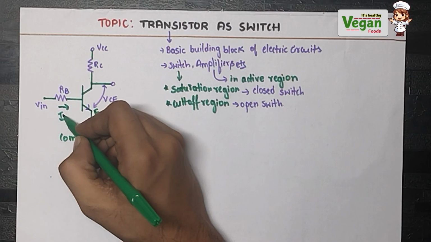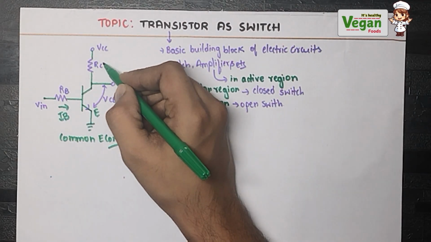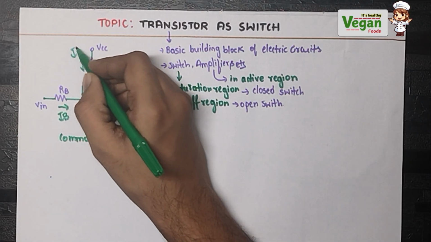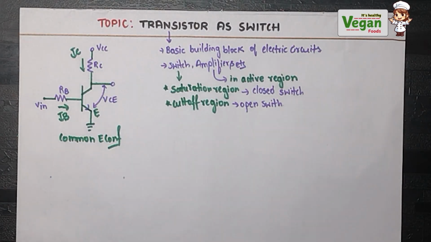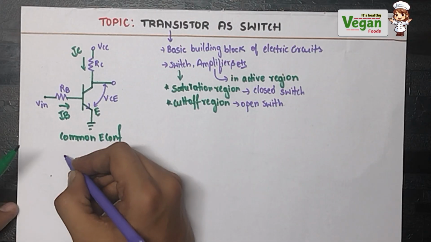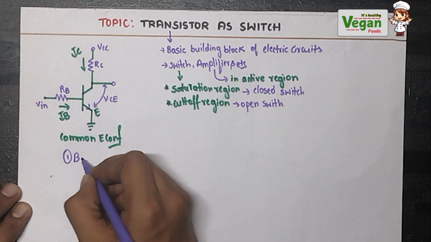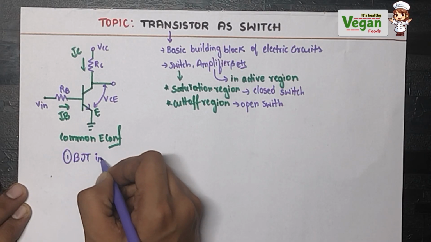The current IB will flow through this, and through the collector there will be the flow of the collector current IC. Now let's consider the first condition: the BJT, bipolar junction transistor, in cutoff region.